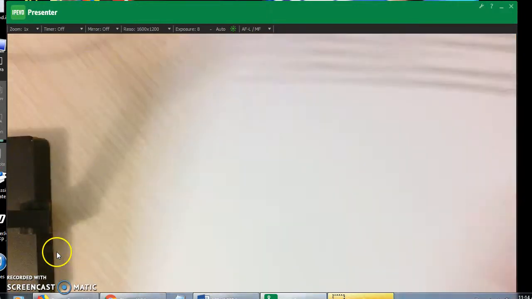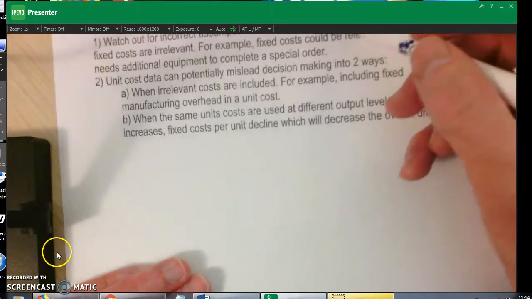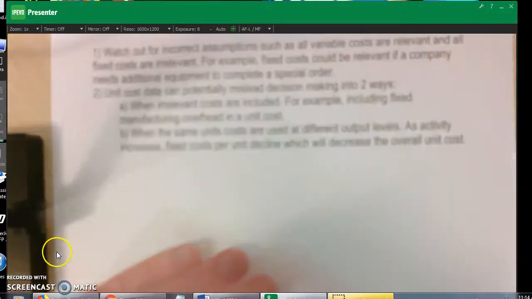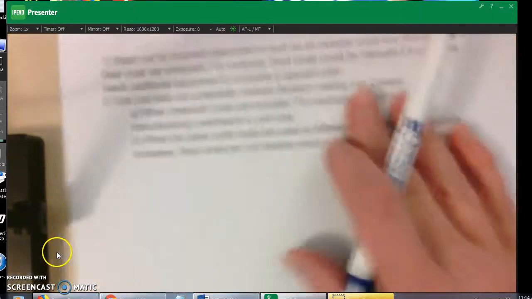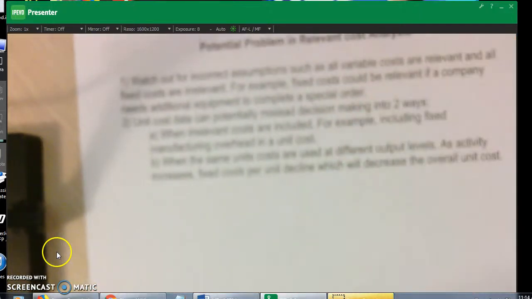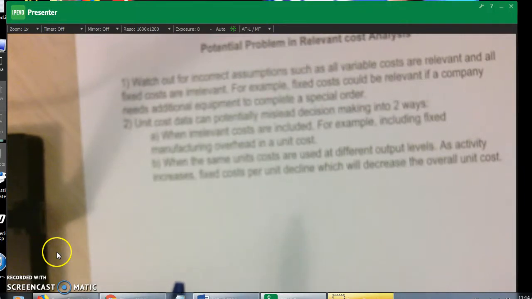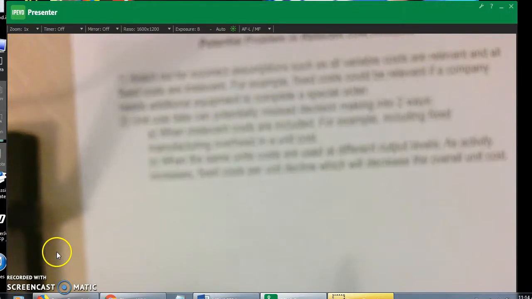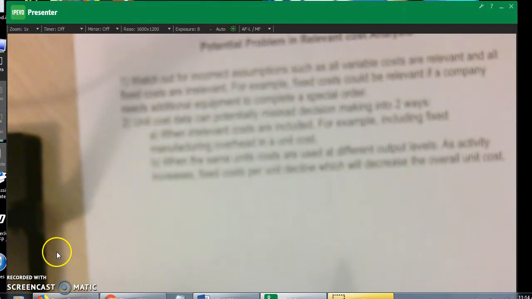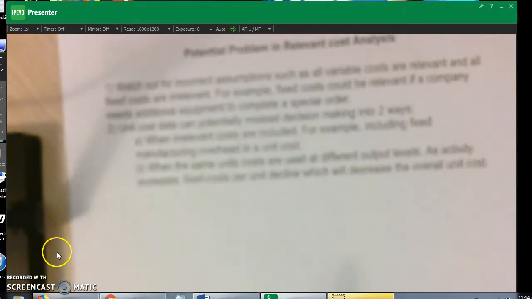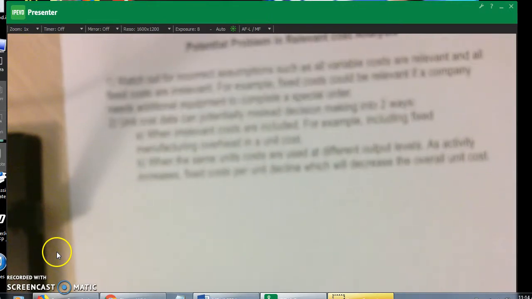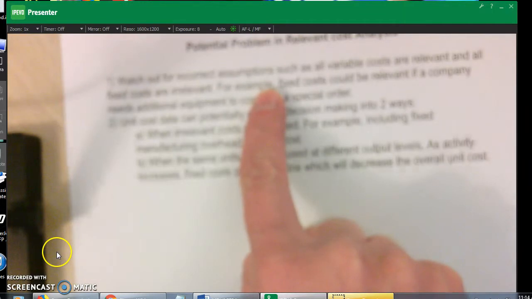Now look on page 9, just kind of quickly, some potential problems and relevant cost analysis. What I want to say over here, the first one is watch out for incorrect assumptions that all variable costs are relevant and all fixed costs are irrelevant. I think you can read it, so I'm just going to go ahead and read it out here because I'm running out of time.